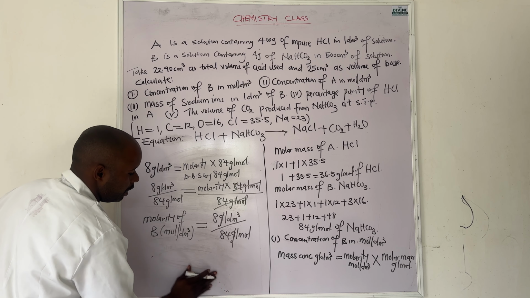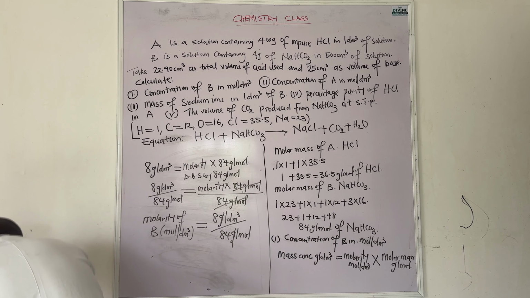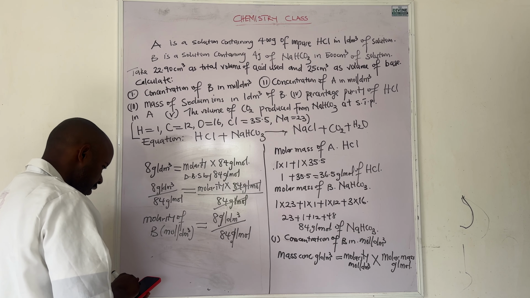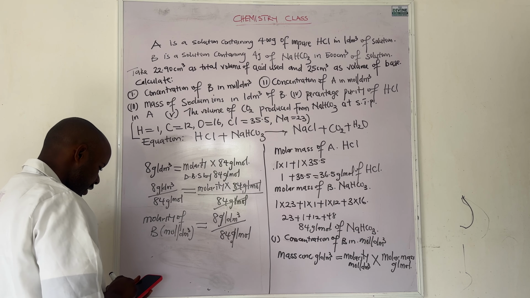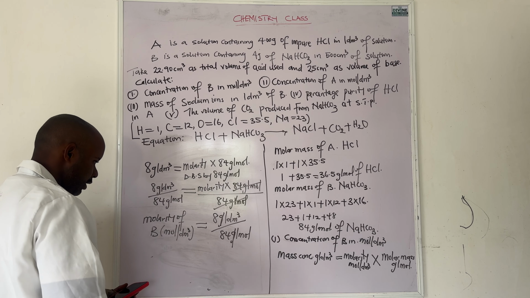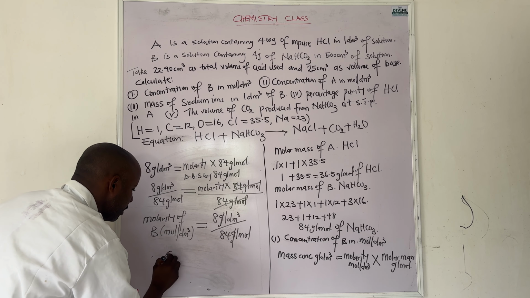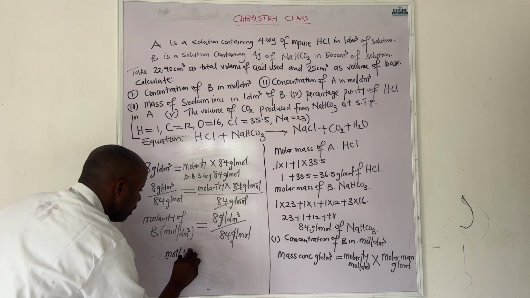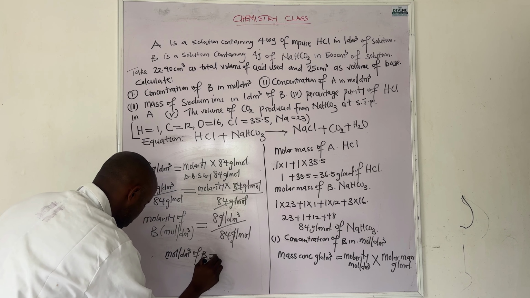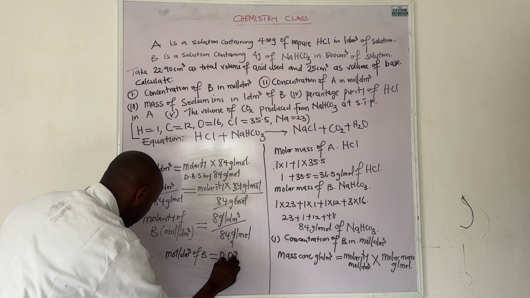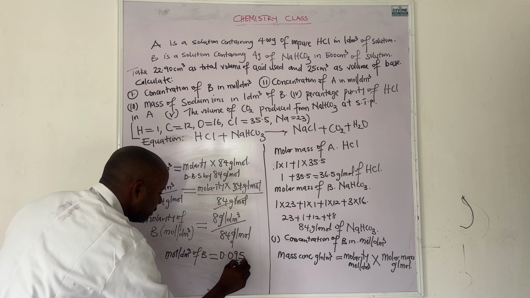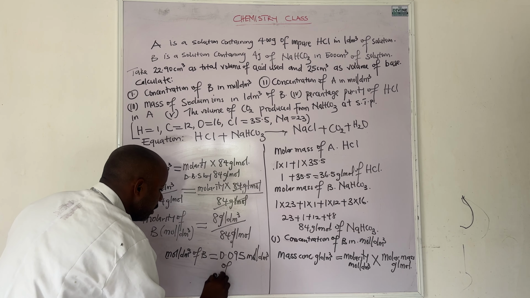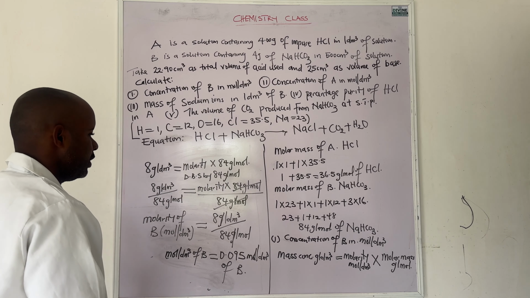All right, 8 divided by 84. The concentration of B, mole per dm cube of B, is equal to 0.095 mole per dm cube of B. All right, so this is the concentration of B.